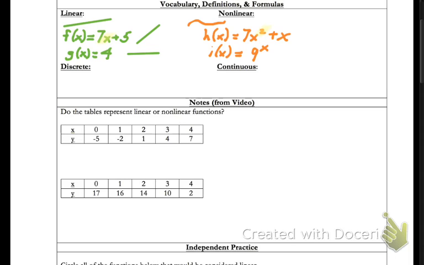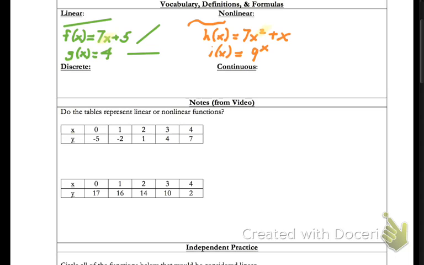Well, here the power is x, and there's no x to the first in here. So these are examples of nonlinear functions. As you move into more math later on, you'll start to experience a lot more nonlinear functions. But mainly for a lot of the things we're going to do in this course, we're going to focus on things that are linear. And at the end of the course, we'll focus on things that are indeed x squared, which make what's known as a parabola.